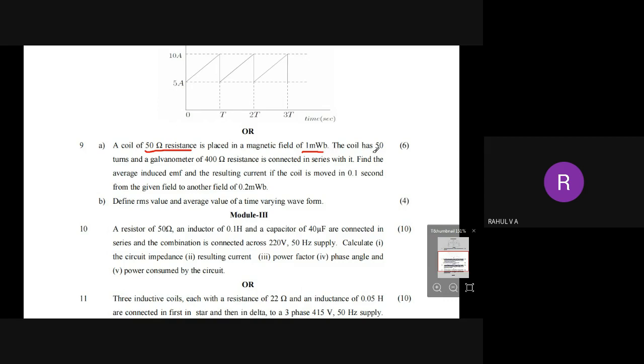The coil has 50 turns, so N is 50, and a galvanometer of 400 ohm resistance is connected in series with it. So already the coil has a resistance. I'm writing like this: assume this is a coil, so resistance 50 ohm. Along with that coil, we have connected a galvanometer also. This galvanometer has 400 ohm resistance.